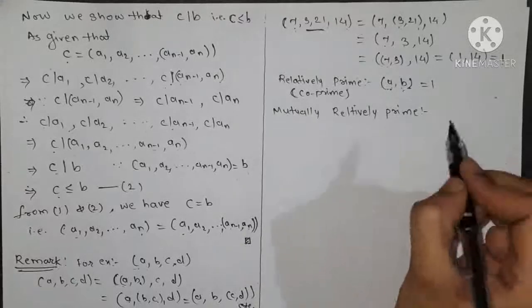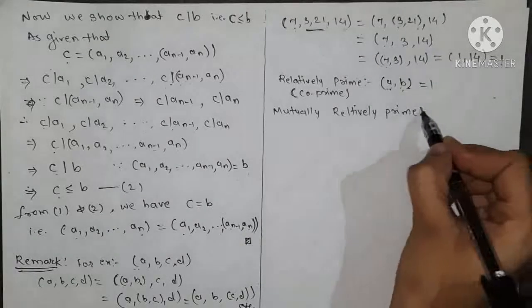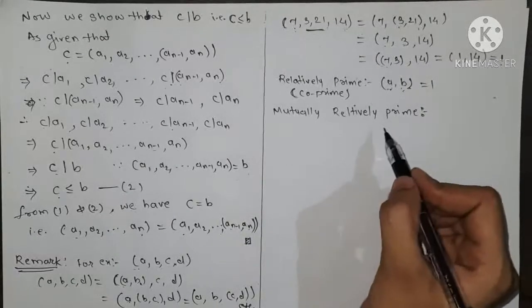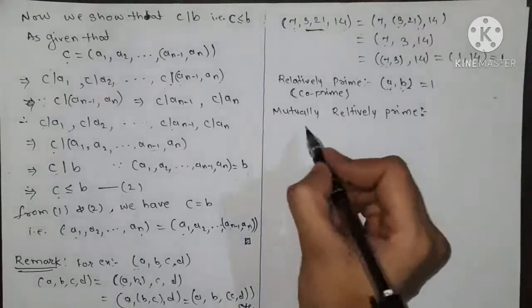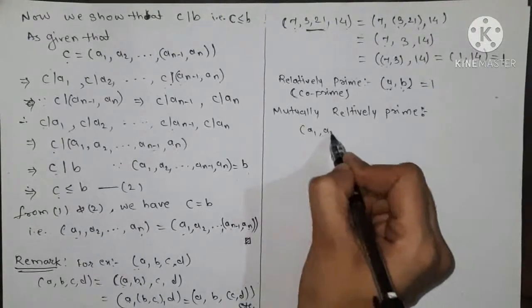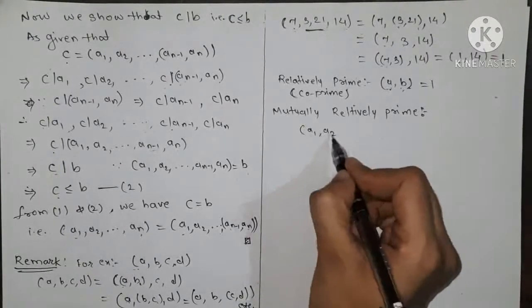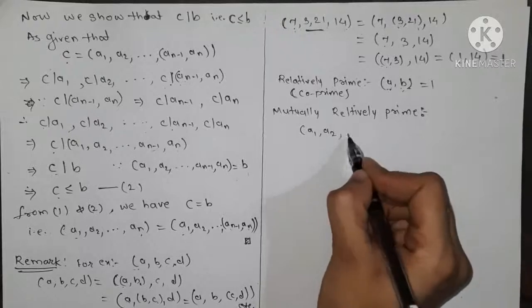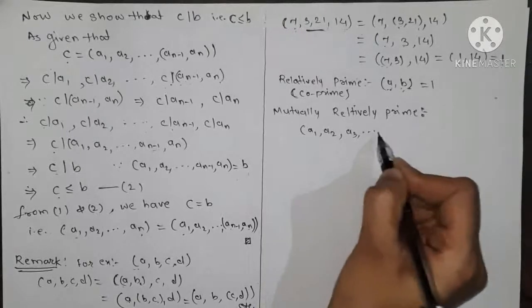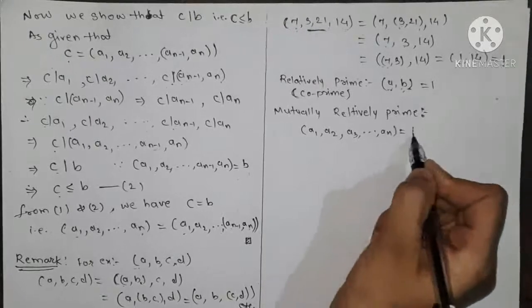Mutually relatively prime integers. We call the integers a1, a2 up to an mutually relatively prime if the GCD of these integers equals 1.